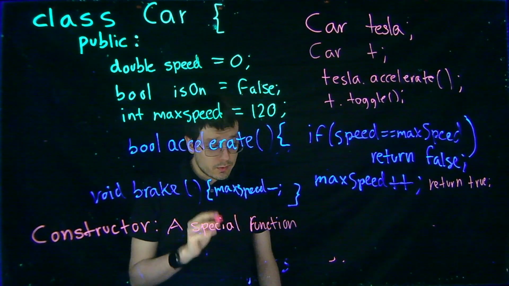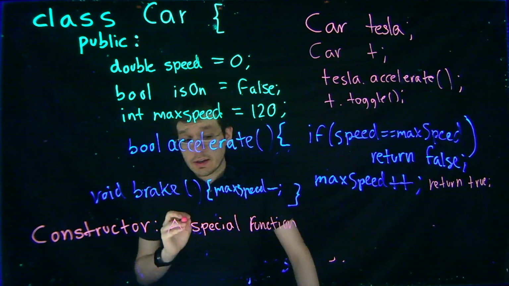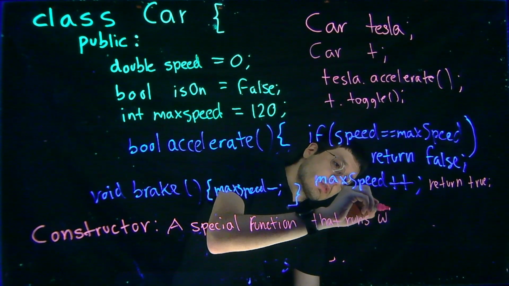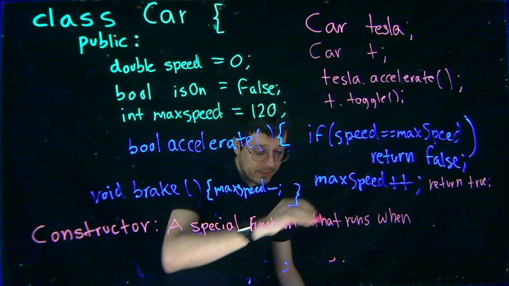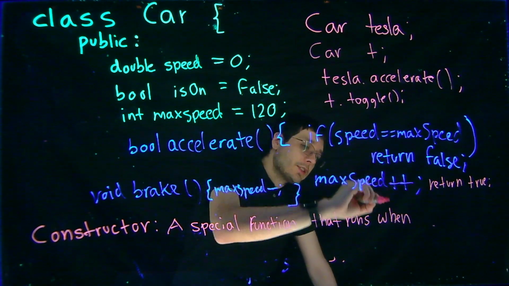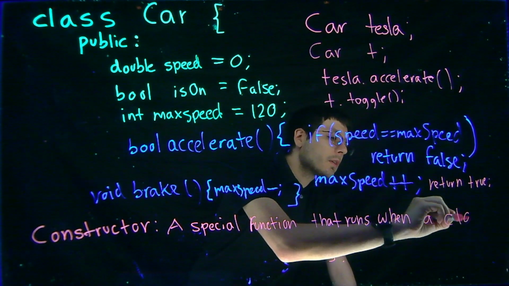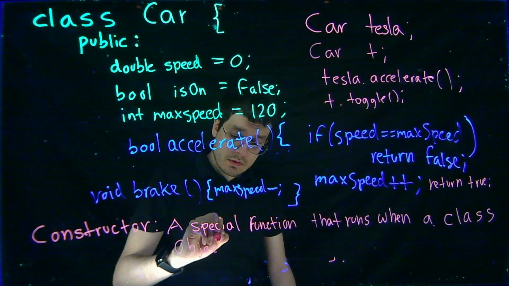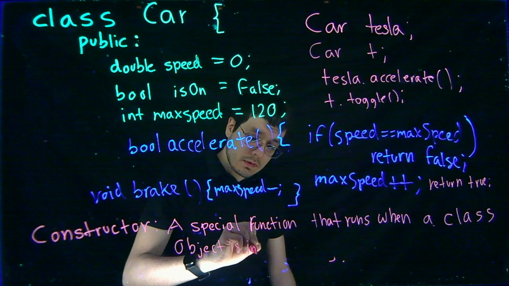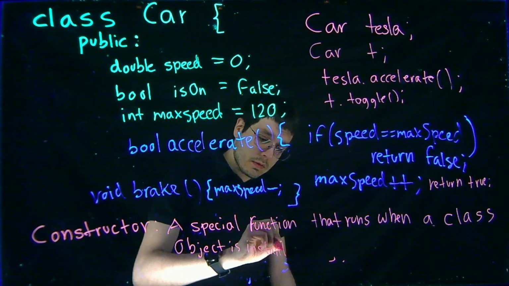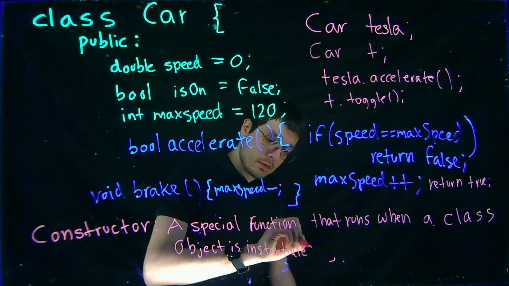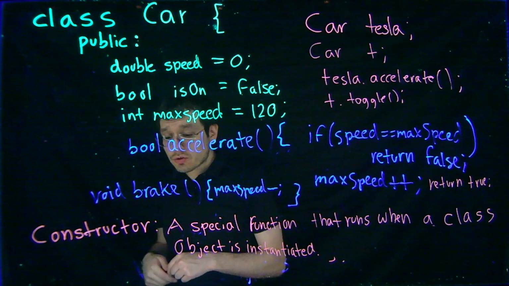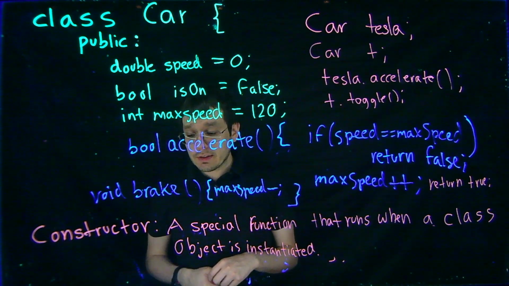But it's a special function that runs when a class object is instantiated. Okay, so again, I'll repeat that. A constructor is a special function that runs when a class object is instantiated.